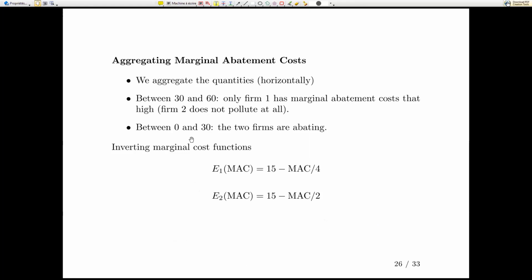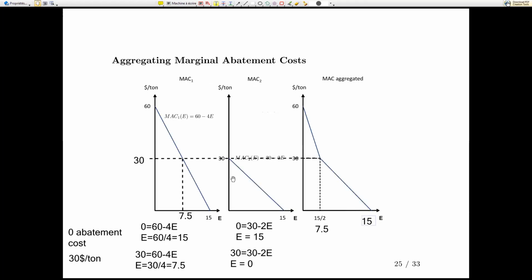Then between 0 and 30, the two firms are abating. So step 1 is I invert the functions. Since here the function is 60 minus 4e, I just express e as a function of MAC. Same with that one.